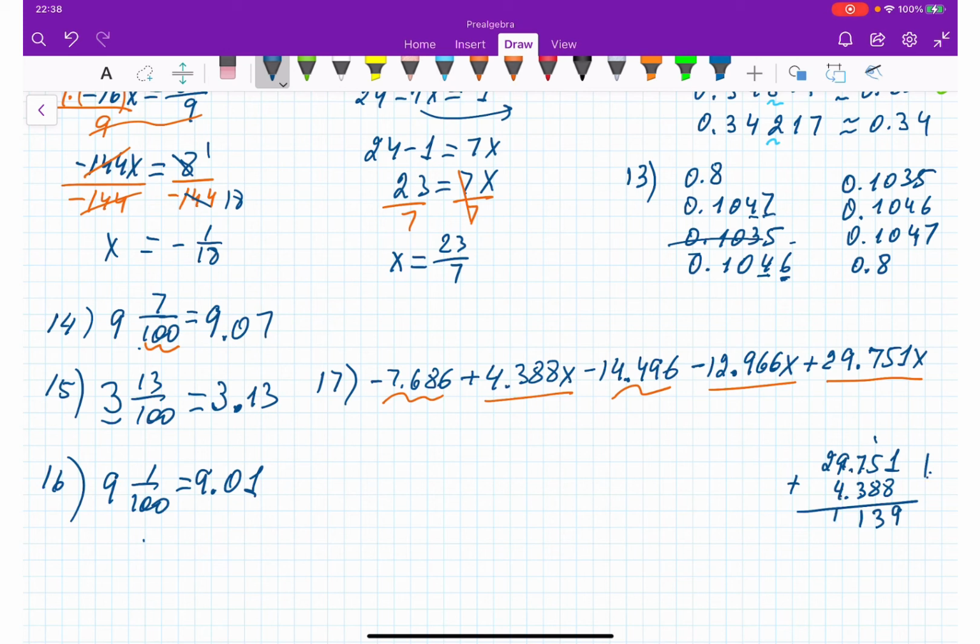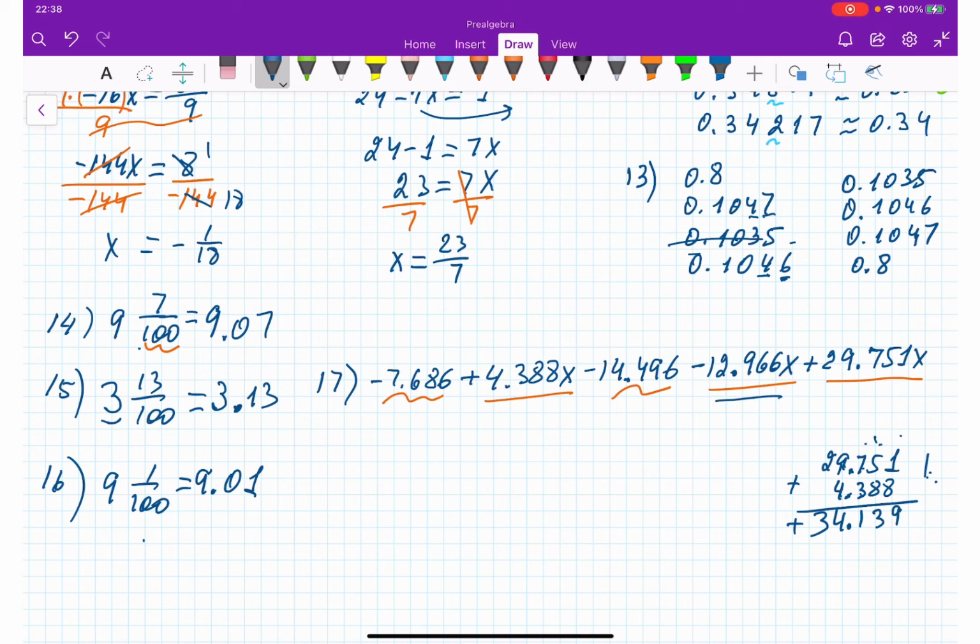And 1 is going to be 14. 1 in mind. 2 and 1 going to be 3. When you are adding decimal notation, the most important thing is the decimal points will be lined up. Okay? They need to be lined up. And then the first decimal has to be with the first decimal, second decimal with second, third decimal with third decimal, and so on. So we get plus 34.139.